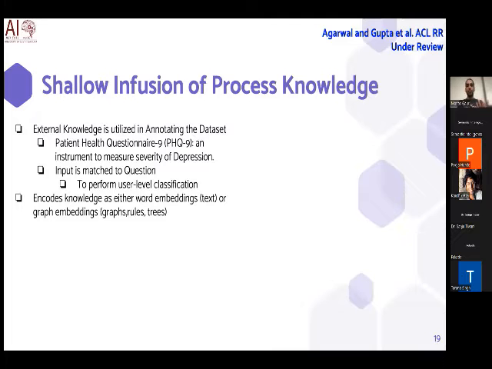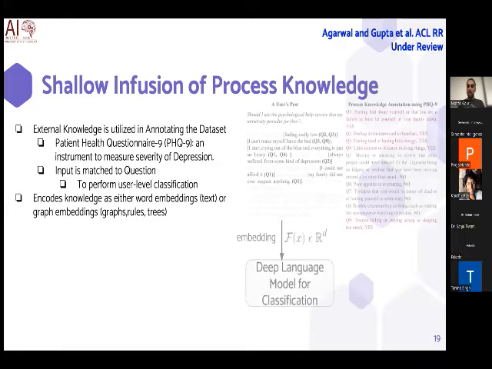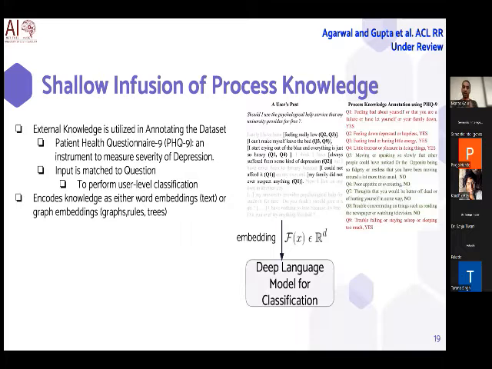The AI strategies that are classified as shallow infusion include word embeddings, graph embeddings, and all those structures which encode your information. The idea of shallow infusion is that you have a user post, and you want to know which posts or phrases within your post can answer which questions.